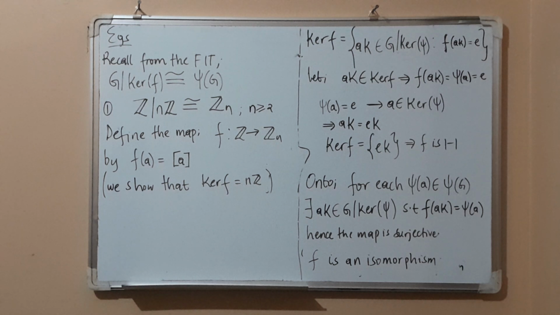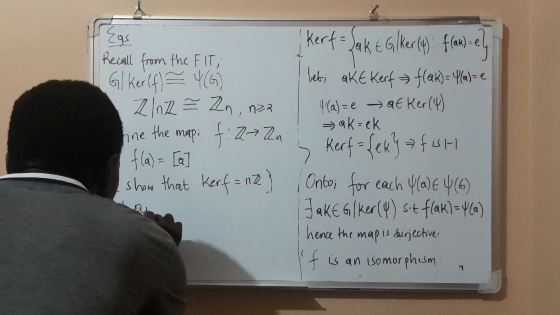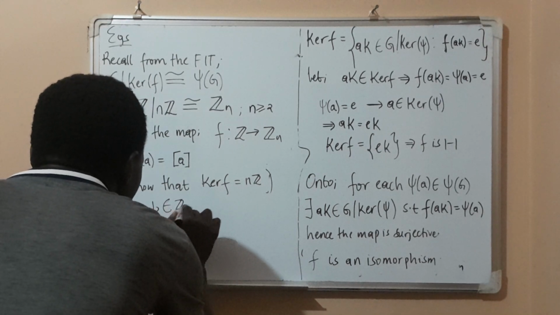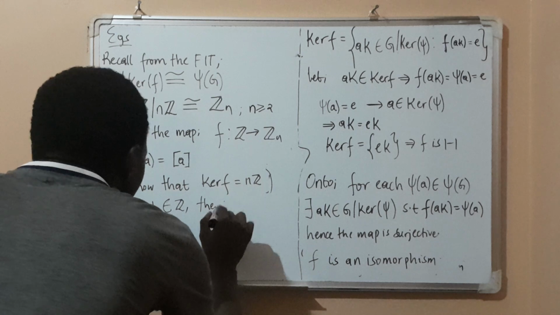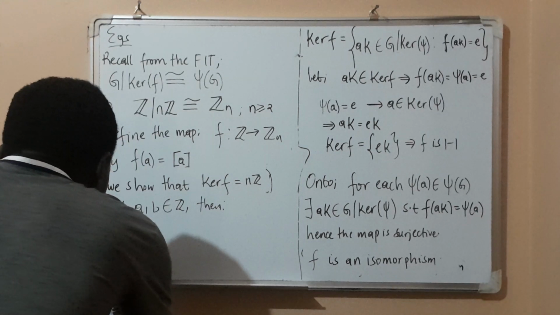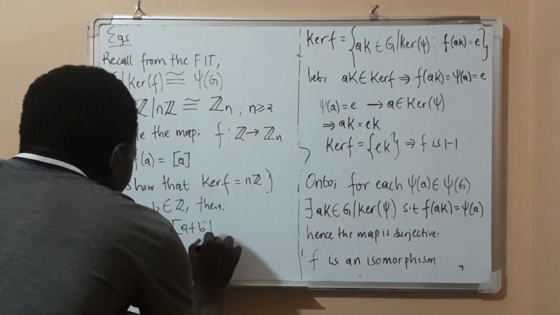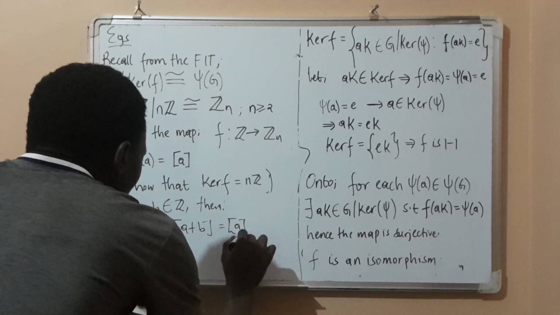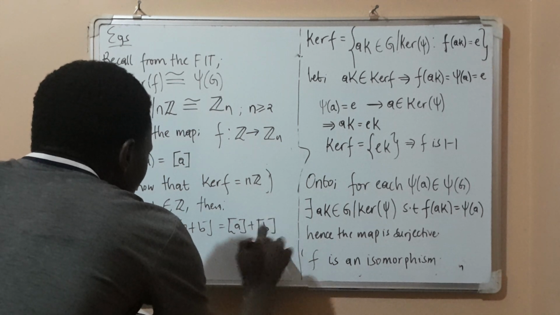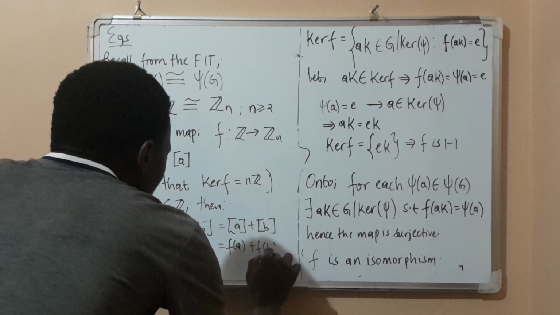So let us first show that this map of ours is a homomorphism. I'm going to let a and b be elements in Z. Then I'll have f of a plus b being equal to the class of a plus b, and this is equal to f of a plus f of b.